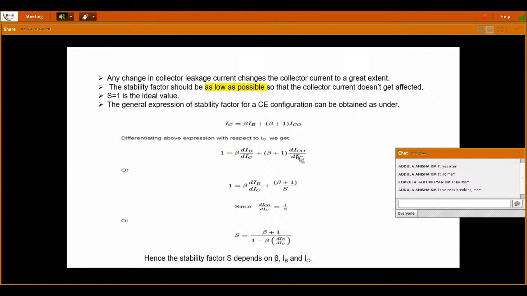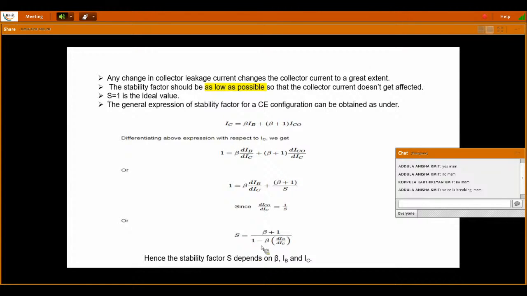So now I replace dou IC divided by dou IC naught with 1 by S. So now we are finding, as we know that this is equal to 1 by S, so from this we will find S is equal to beta plus 1 times of 1 divided by 1 minus beta into dou IB divided by dou IC.